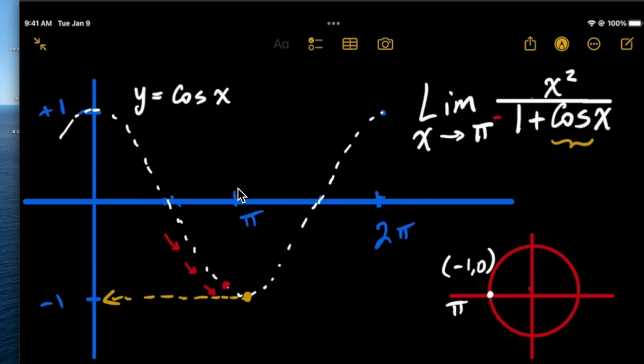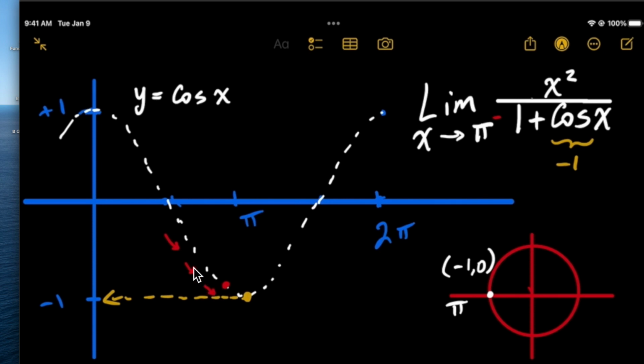When x equals pi, y equals -1. Y equals cosine of x. We're going to take that -1 and put it right there. That white one has nothing to do with these ones. That's the one they gave us in our limit. 1 plus -1 is 0. You can't have 0 in the denominator. So that's why we're doing these limits.